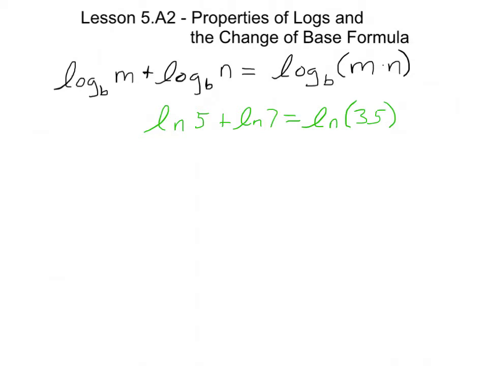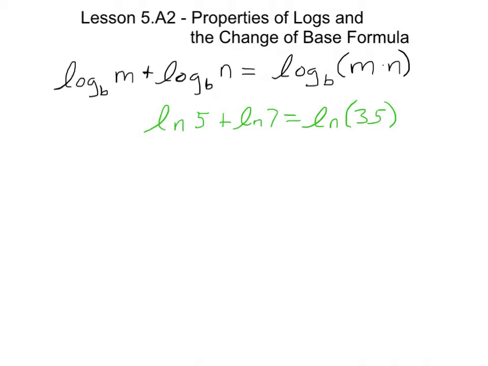I didn't know offhand what this was or what this was, so why will I know what this is? Good point. On the other hand, you guys have known and seen that in calculus I spent a lot of time talking about how things can be simplified, and so this is one of them. One of the biggest reasons I'm showing you this is that when you've got two parts to an answer, a lot of times it looks nicer if I can write it as just one thing, right?